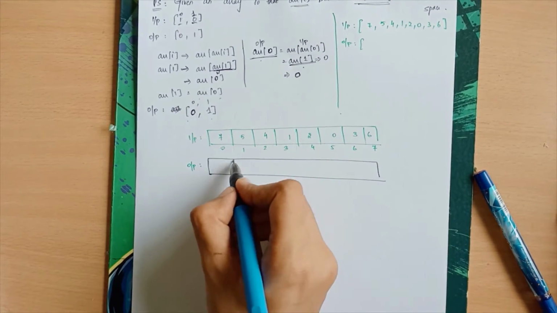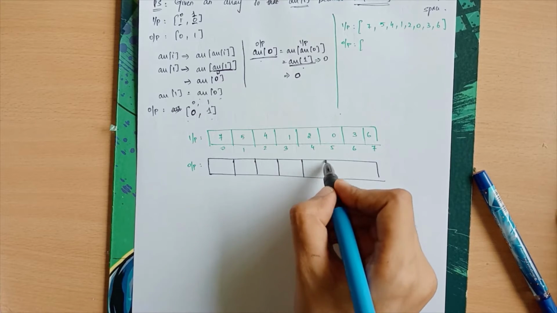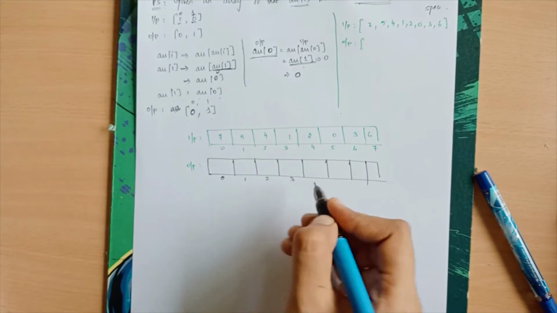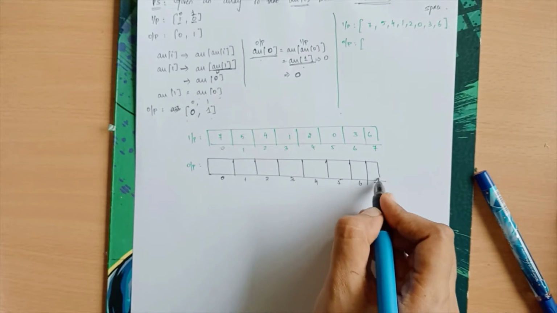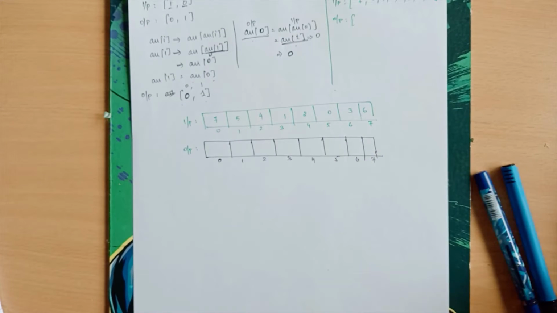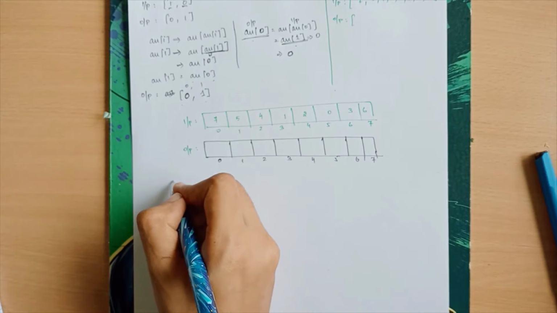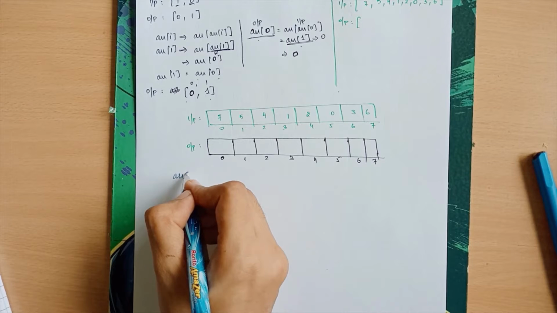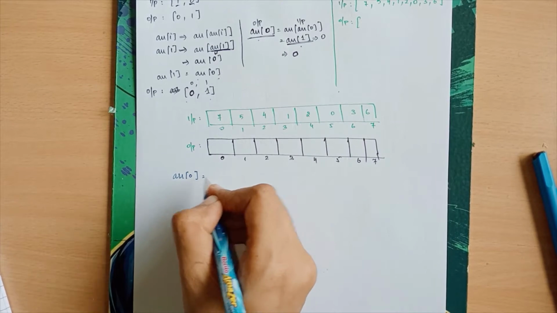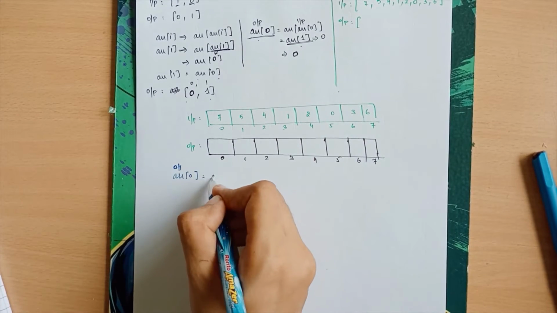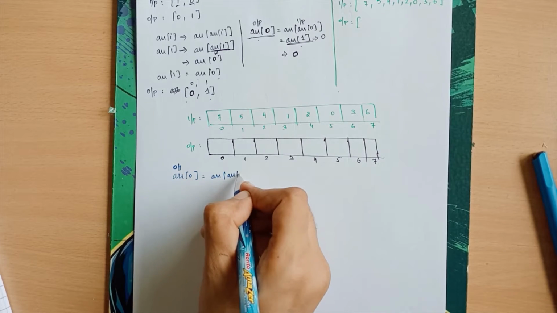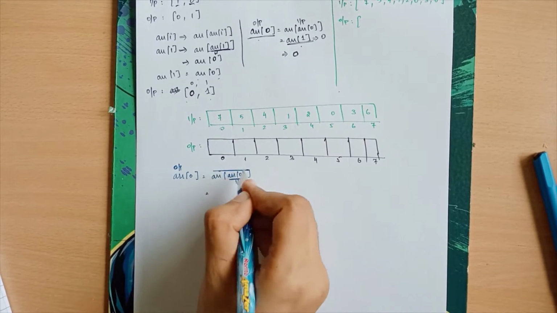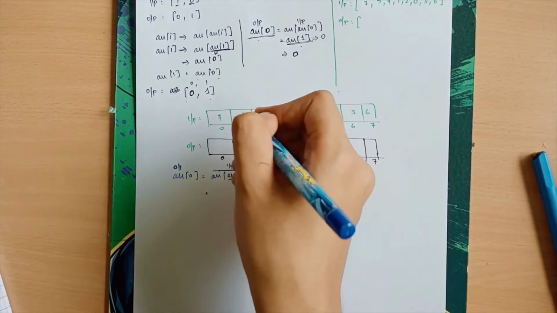The output array, we know, is going to be of the form array of I is equal to array of array of I. That's the formula. So array of 0 in the output is equal to array of array of 0 from the input array.